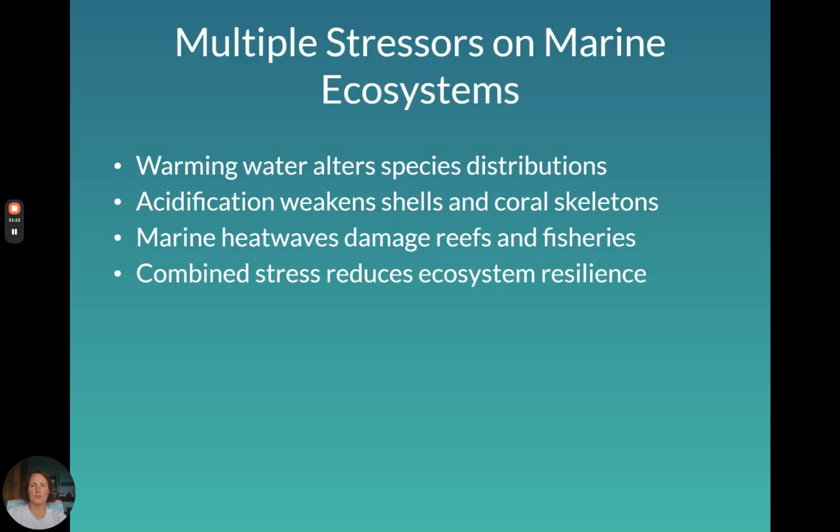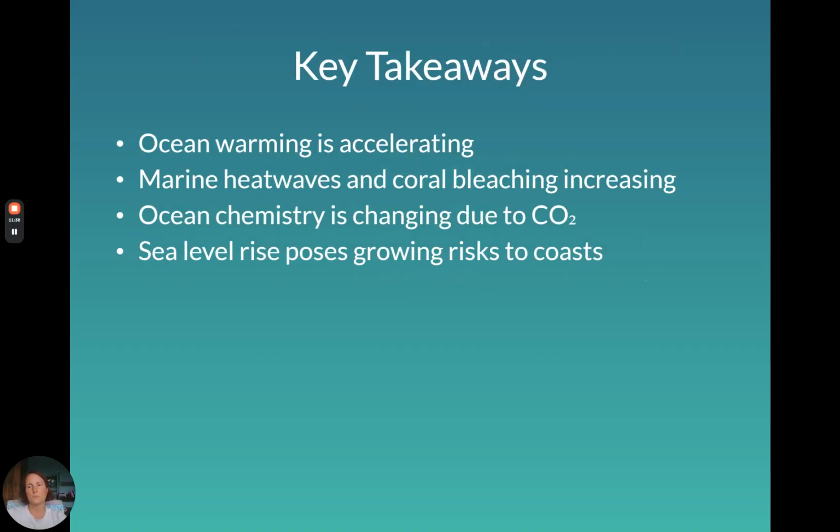Climate change introduces many overlapping stressors and pressures at once, and these interact, which makes it much more difficult for the ecosystems to recover and be resilient. So that's the biggest issue here: sea level rise, acidification, and heat waves work together to cause even more damage to our ecosystems.